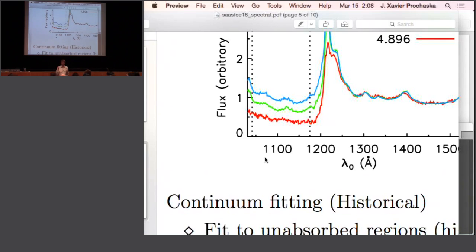So the shifts were of order 3 kilometers per second, which for these spectrometers is about half the resolution element. So that's a shift of half that line spread function, several pixels, easy to measure, big difference, trivial to measure. I'd say you could measure it to a factor of 100 precision with a decent spectrum. So absolutely required.